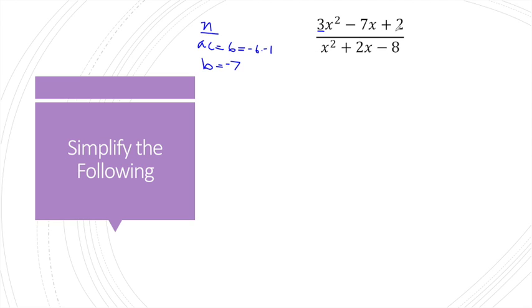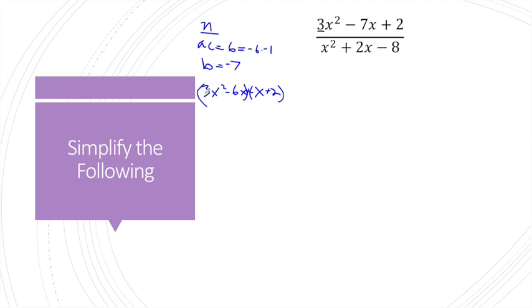I now have to rewrite my middle term as a negative 6x minus 1x and factor by grouping. So I have 3x squared minus 6x minus x, so a 1x, plus 2. And now we factor by grouping.